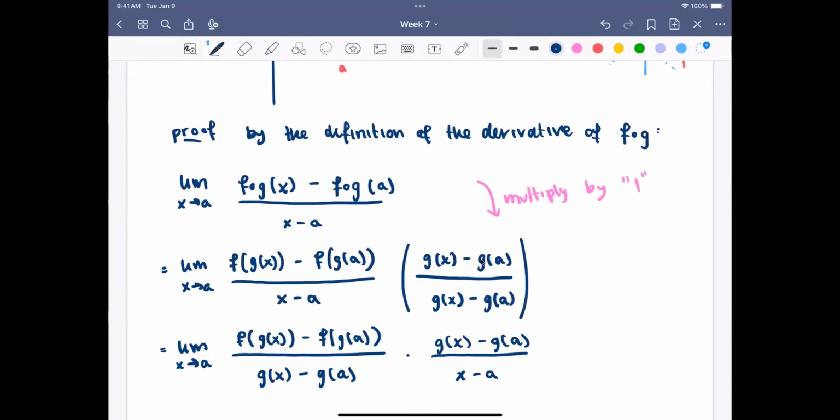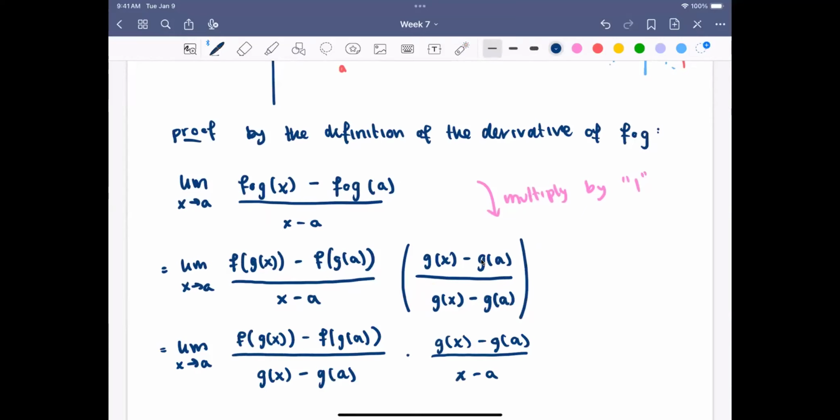Okay, maybe this is starting to look good, right? At least this expression, the limit as x approaches a of this, is the derivative of g. Right, so that's good.